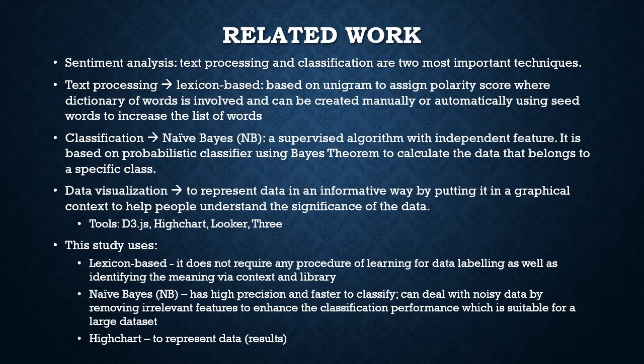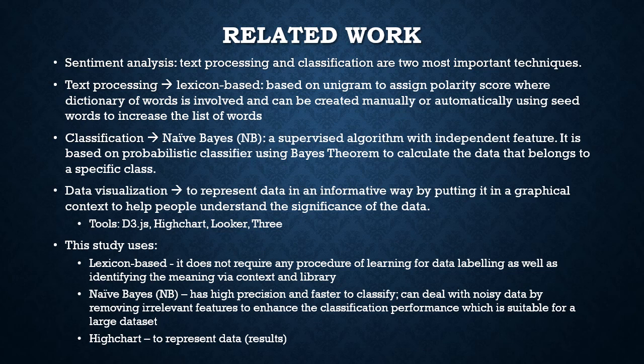In most previous work, sentiment analysis is used to analyze text, whether it is English or any other language. The two most important techniques in this analysis are text processing and classification. Text processing, which involves the lexicon-based approach, is usually used for text other than English, since lexicons can be created manually or automatically using seed words.